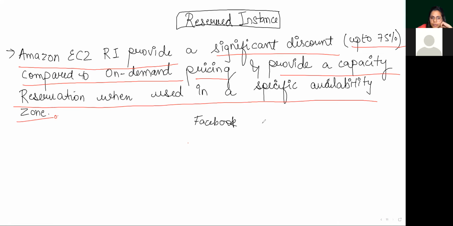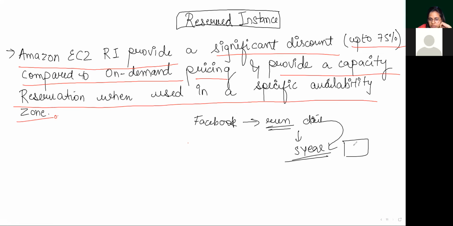They know they want to run their website daily. They know for at least 5 years people are going to use Facebook. So what they do, they reserve this EC2 instance for 5 years, right?